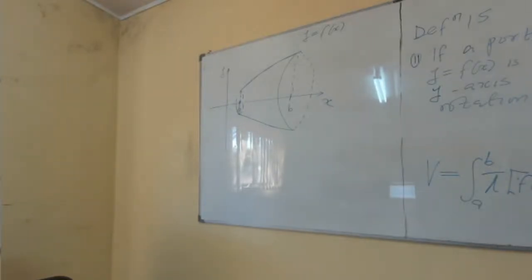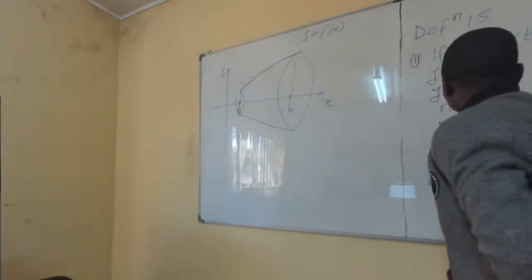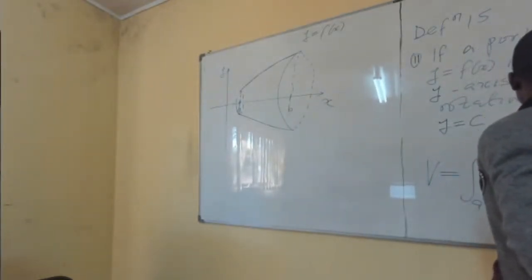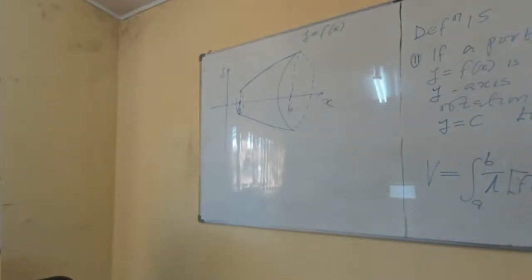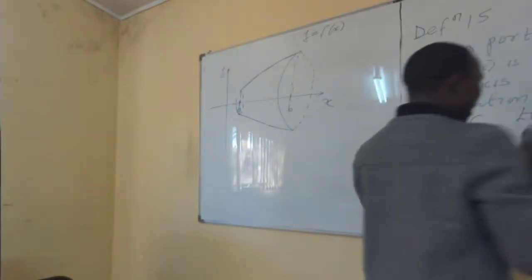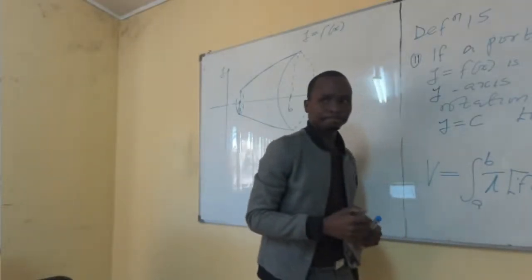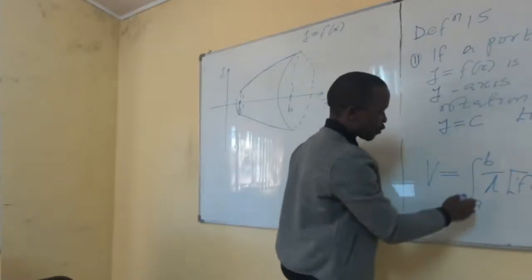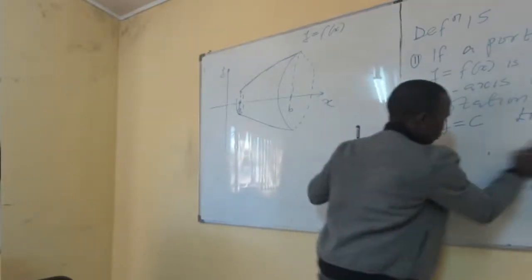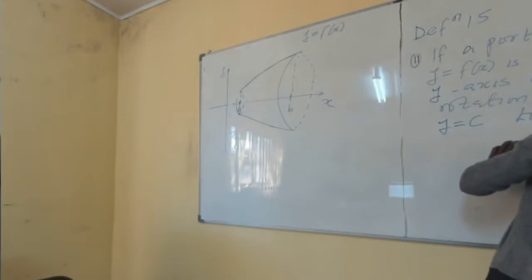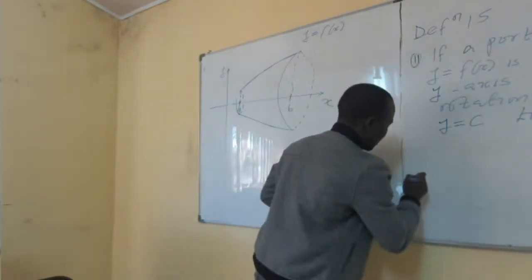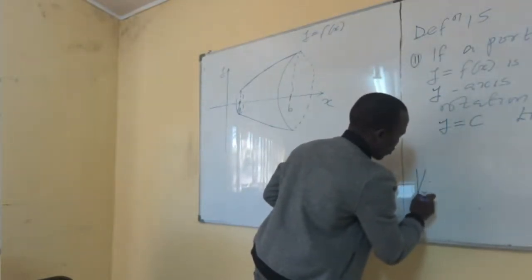Then the volume of rotation of y equal to f of x from y equal to c to y equal to d is given by the volume of rotation along the y-axis.